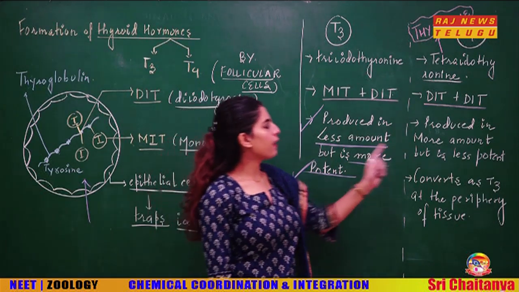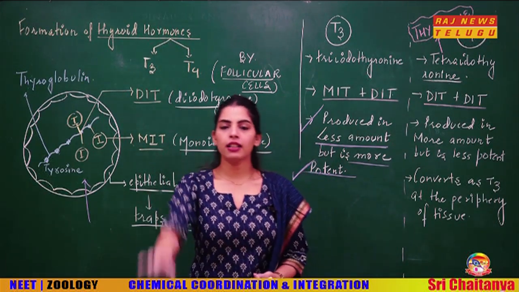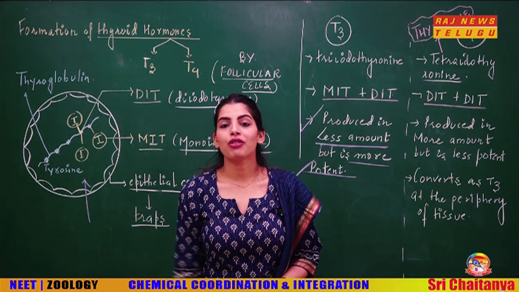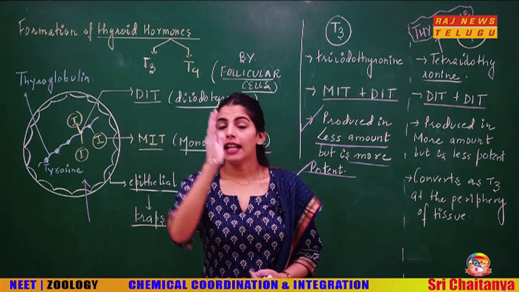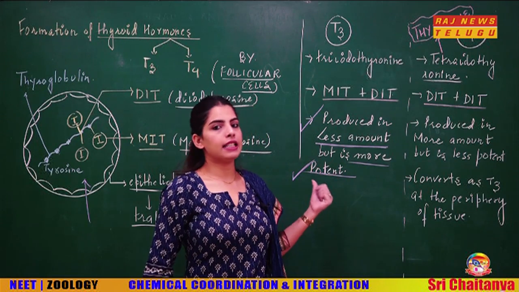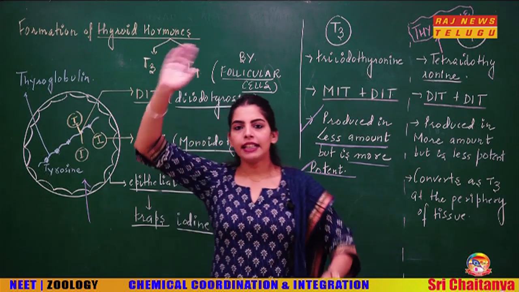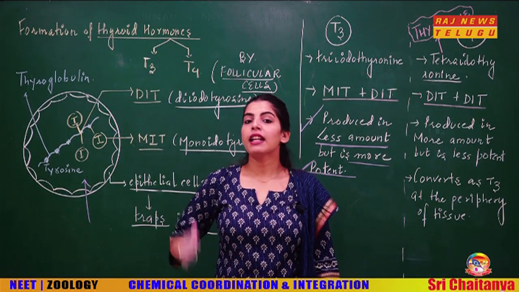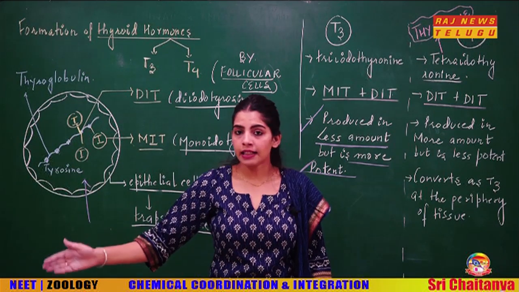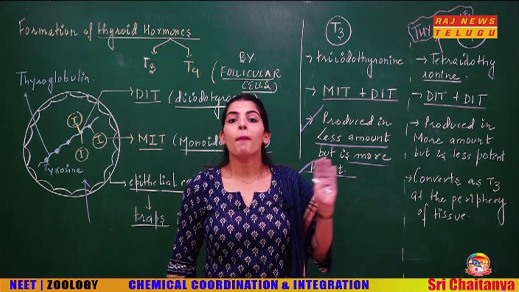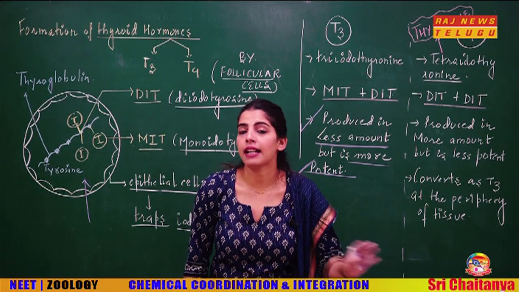But when you say T4 is produced in more amount but is less potent, less active than T3. Getting my point? T3 is produced in less amount but is more active. T4 is produced in more amount but is less active.